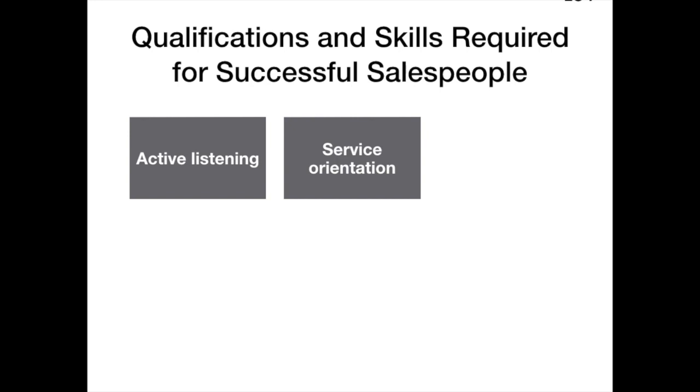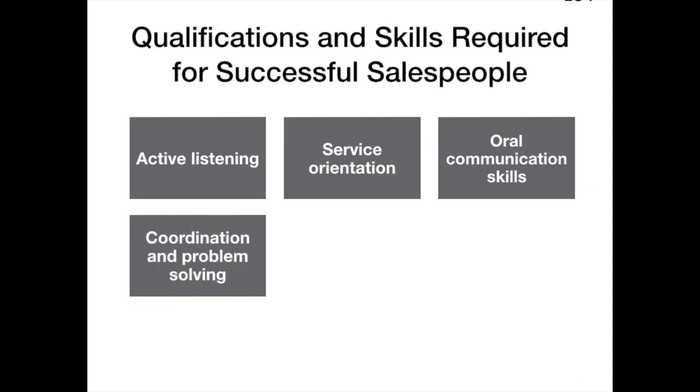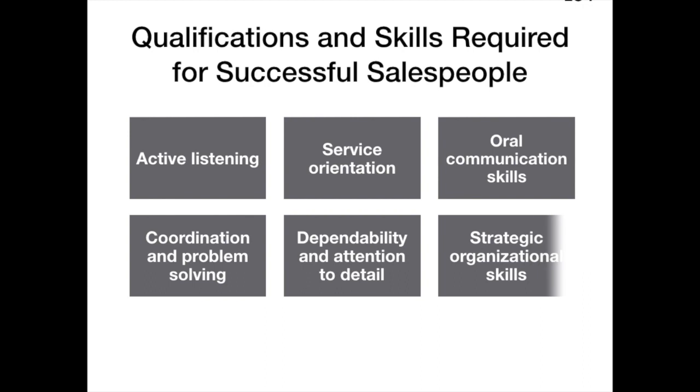Good salespeople are active listeners, and they have a strong service orientation to help their customers. They have good oral communication skills in speaking face-to-face and on the phone, and they're good at coordinating and problem solving. They're dependable, and they pay really close attention to details. This usually helps them craft the best solution to solve a customer problem or meet a customer need.